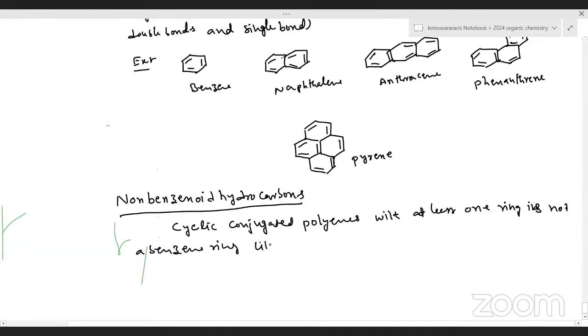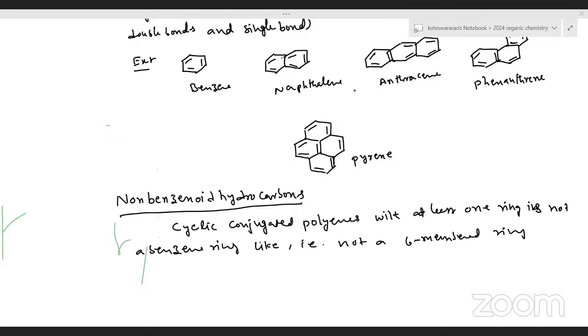Like that, it is not a six-membered ring.